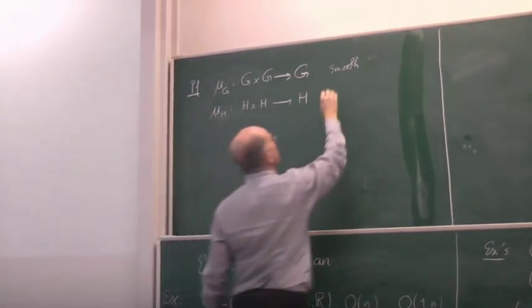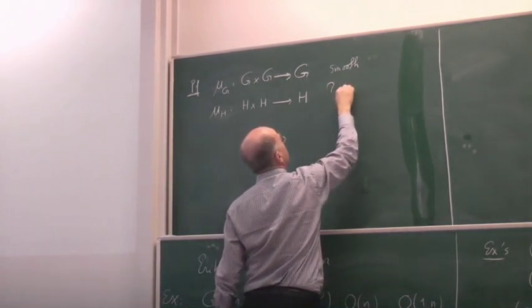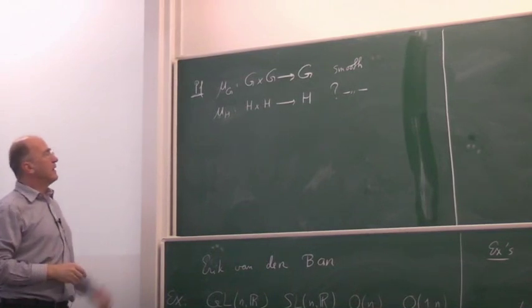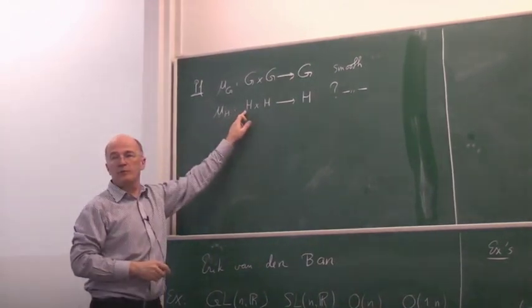So the question is whether this is smooth as well. It's not immediately clear. What does it mean that H is a subgroup of G?